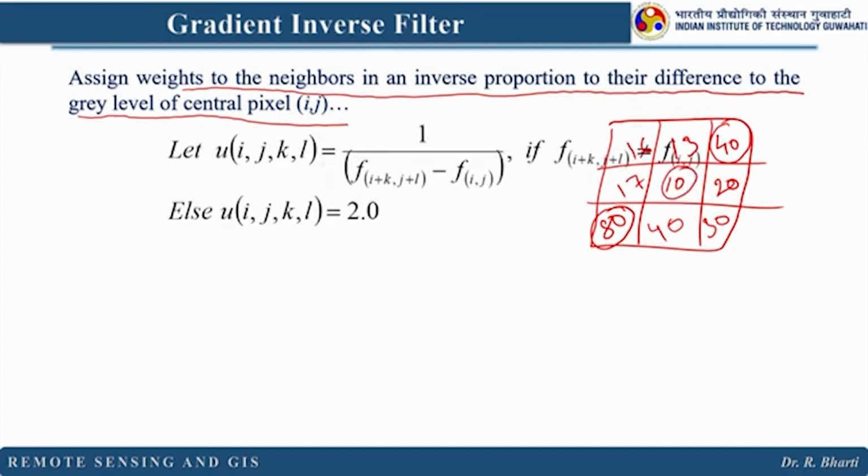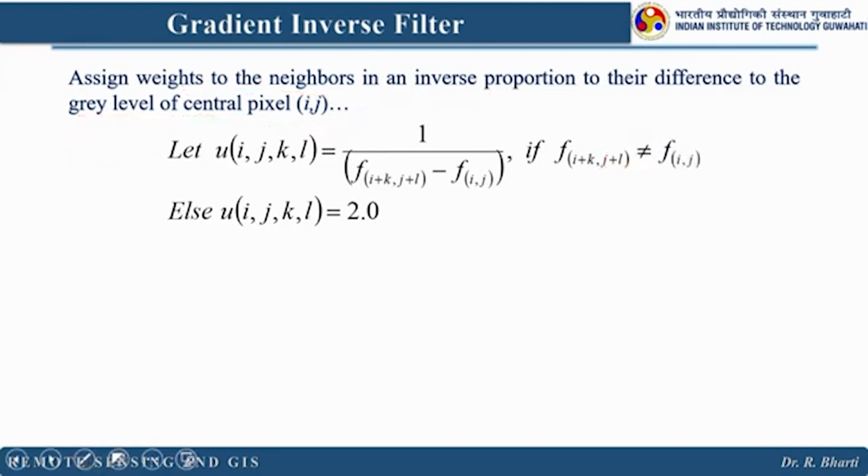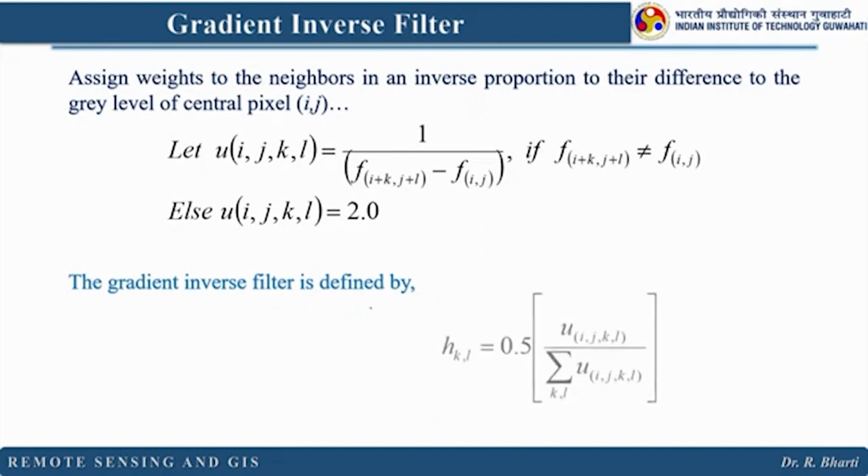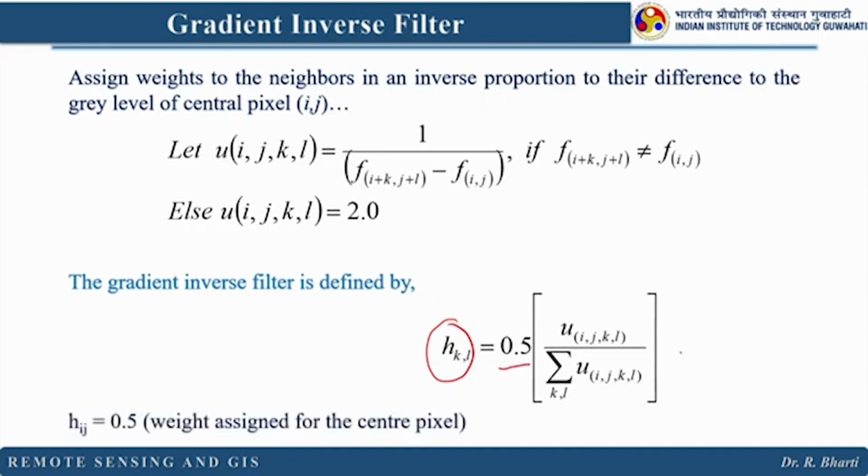So this is the general expression of this gradient inverse filter. The gradient inverse filter is defined by this HKL, where this is 0.5, and 0.5 is the weight assigned for the central pixel, and the rest of the pixels share the remaining weight.